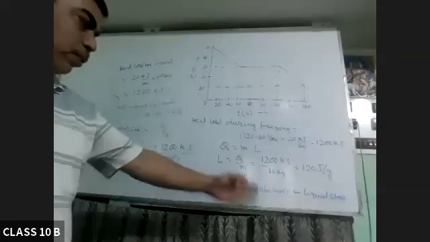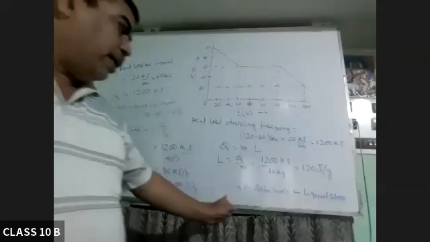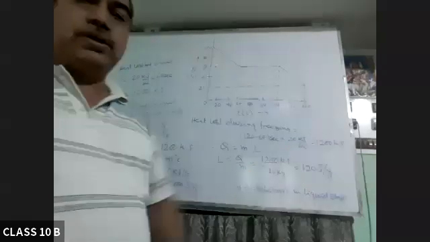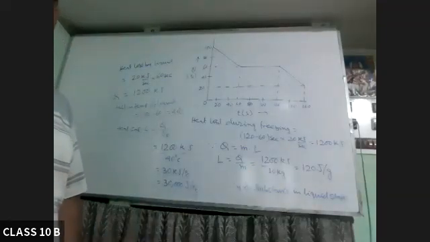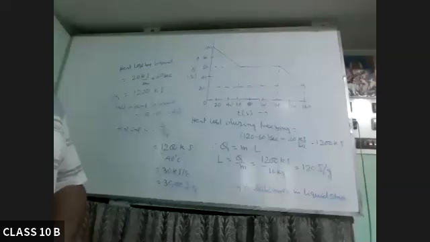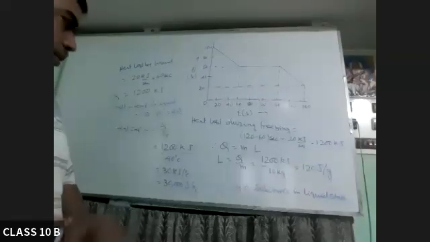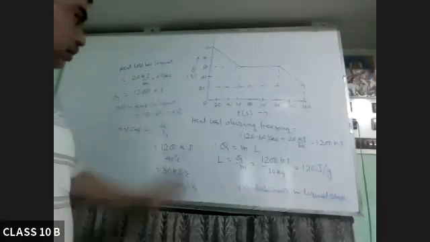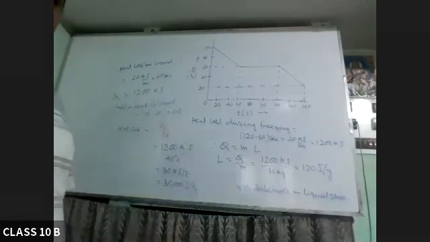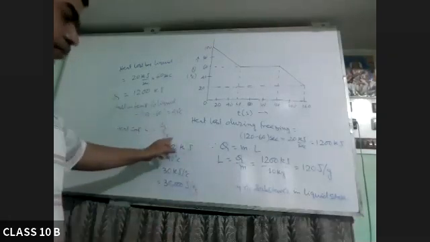So suppose in the fourth one you are asked the specific heat capacity of the substance in liquid state, then heat capacity by mass, or directly from here you can find Q over M theta.